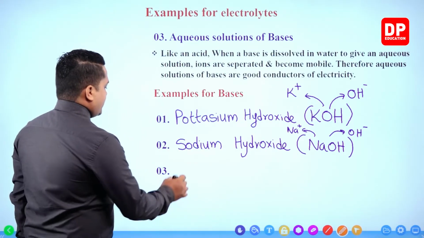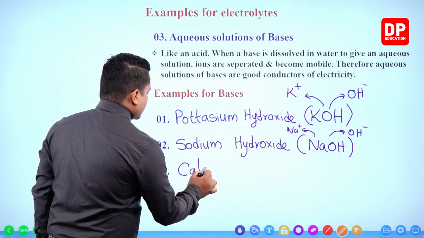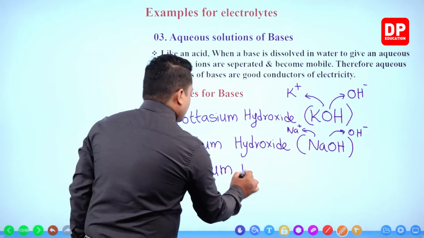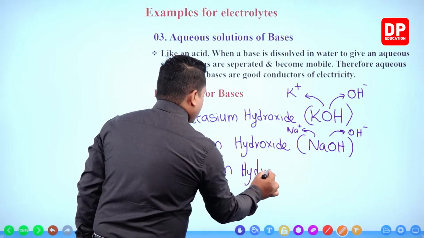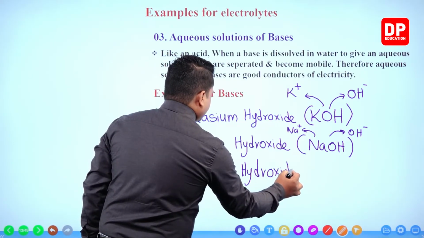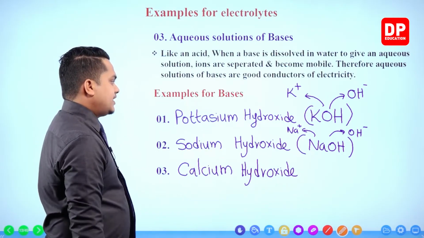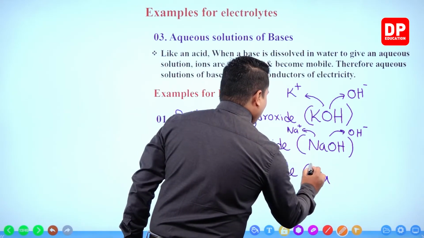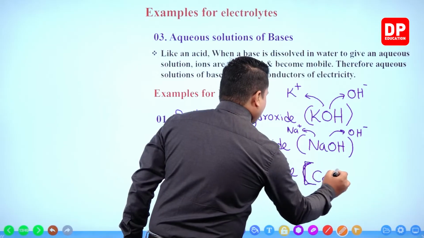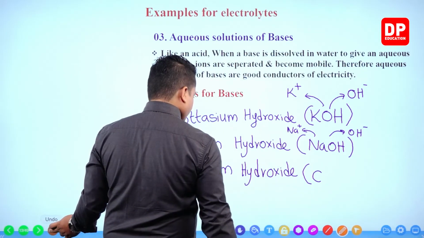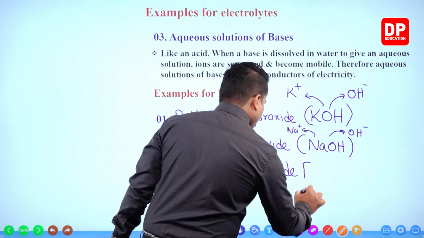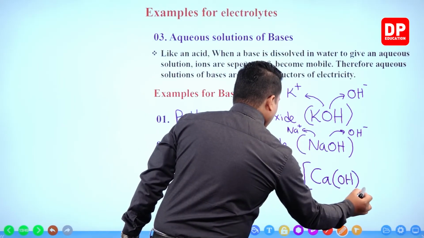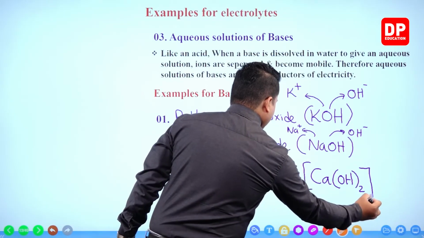Next one, another one, calcium hydroxide, which is also referred to as lime water, right? Calcium hydroxide, Ca within bracket OH twice.